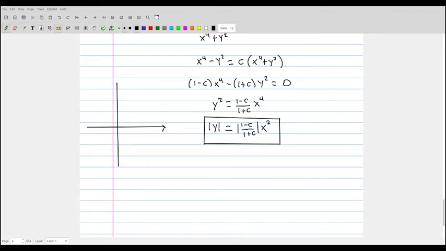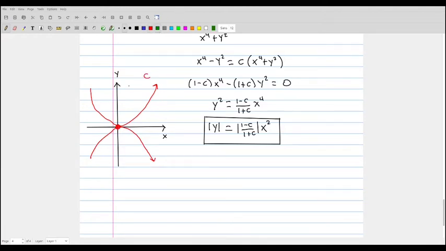For any value of c in the range, you're going to have a parabola opening up, and also a parabola opening down, as the level curve for this function for a fixed value of c.